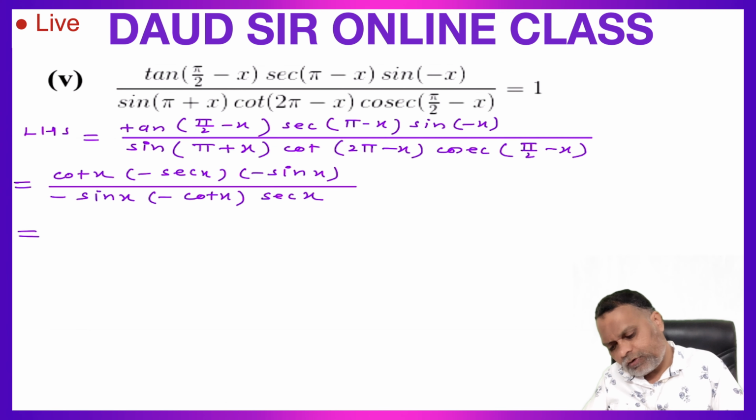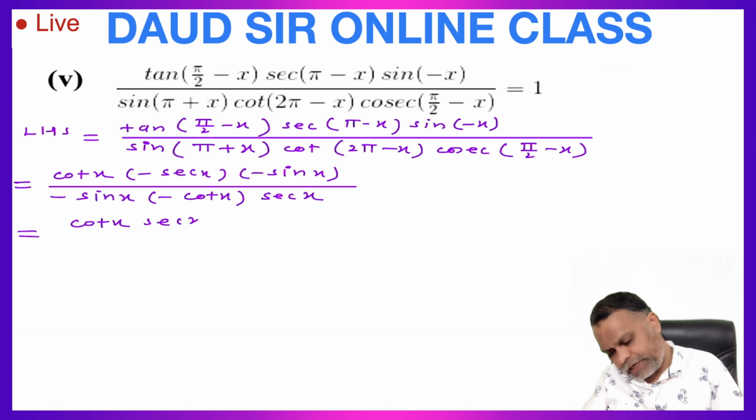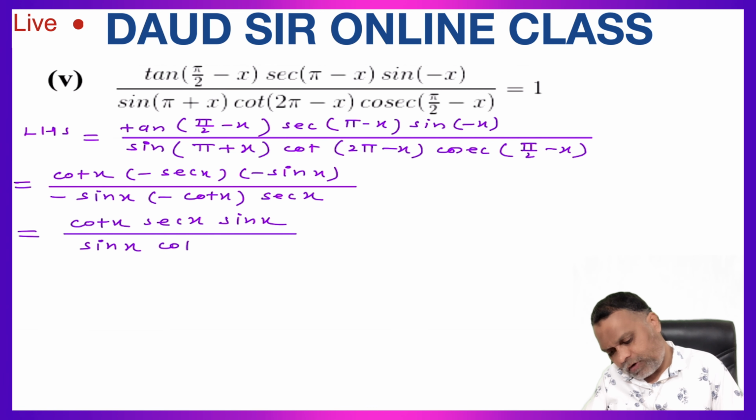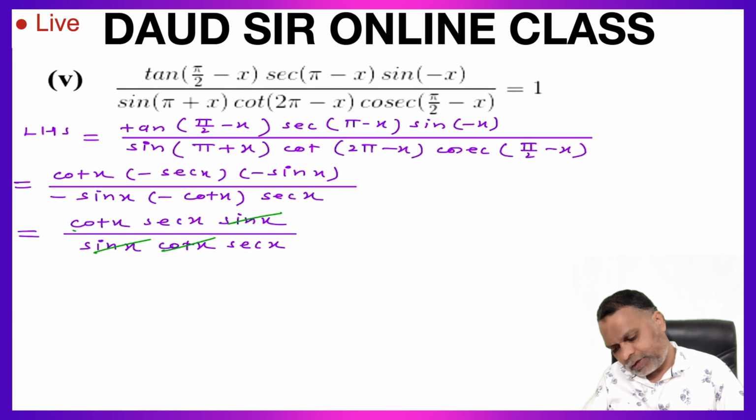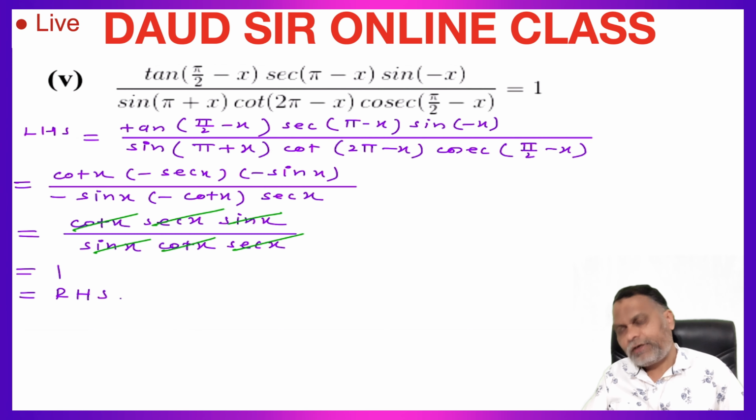Which is equal to minus minus plus cot x into sec x into sin x in numerator, and denominator minus minus plus sin x into cot x into sec x. All the terms are in product, so we can cancel them. Sin x cancelled, cot x cancelled, sec x cancelled. Only 1 left, which is equal to right hand side.